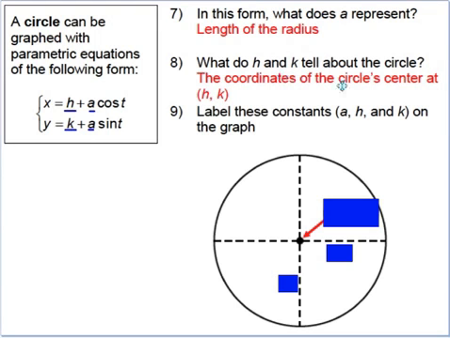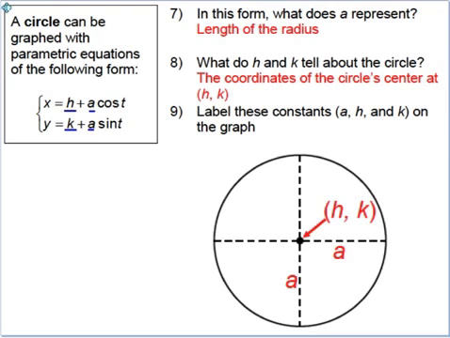Those are the coordinates for the center of your circle. Center is at H and K. And then for problem number 9 in your notes, it said label these constants. Numbers on the graph, well, they're variables, but when you're graphing it, they're values. So the center is just H and K, and the radius is whatever you're multiplying by, your A value.